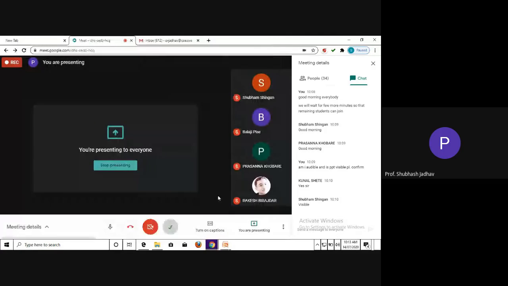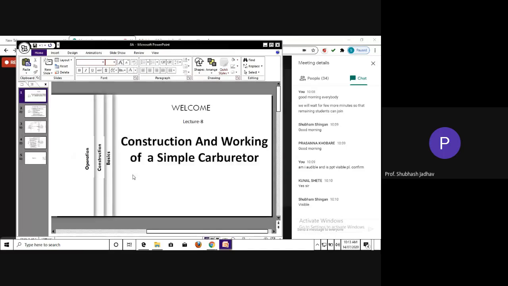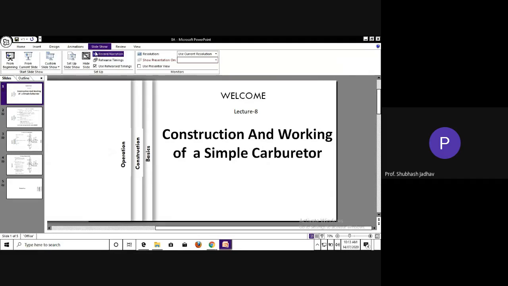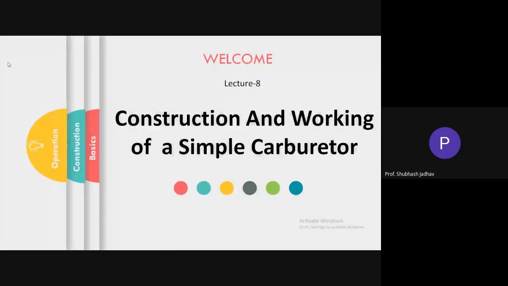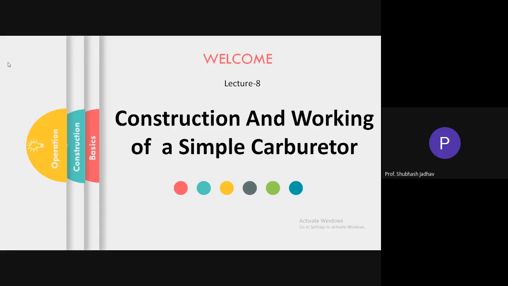So moving ahead, today we are going to discuss the construction and working of a simple carburetor, as a part of the points we have earlier discussed and the remaining part.